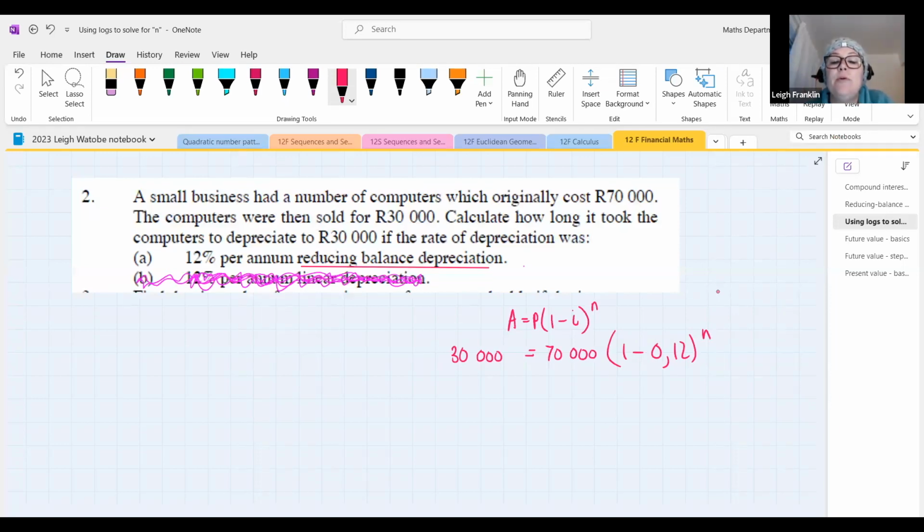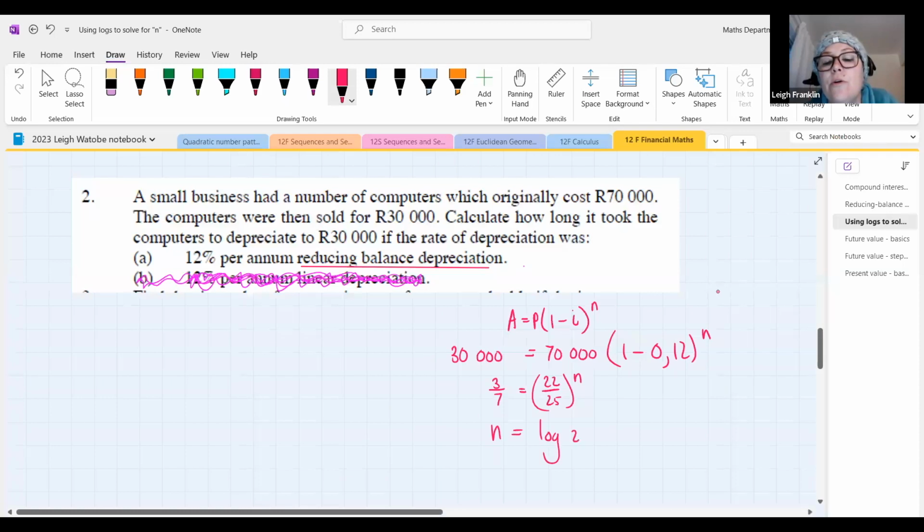So when we divide both sides by 70,000, we end up with 3 over 7 is equal to 22 over 25 to the n. So n equals log base 22 over 25 of 3 over 7. And then you'll get the answers that a lot of the others are popping into the chat.